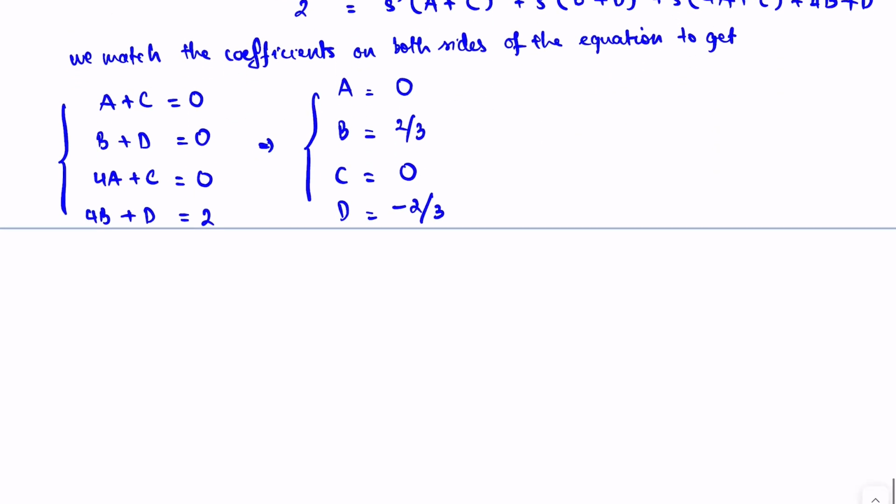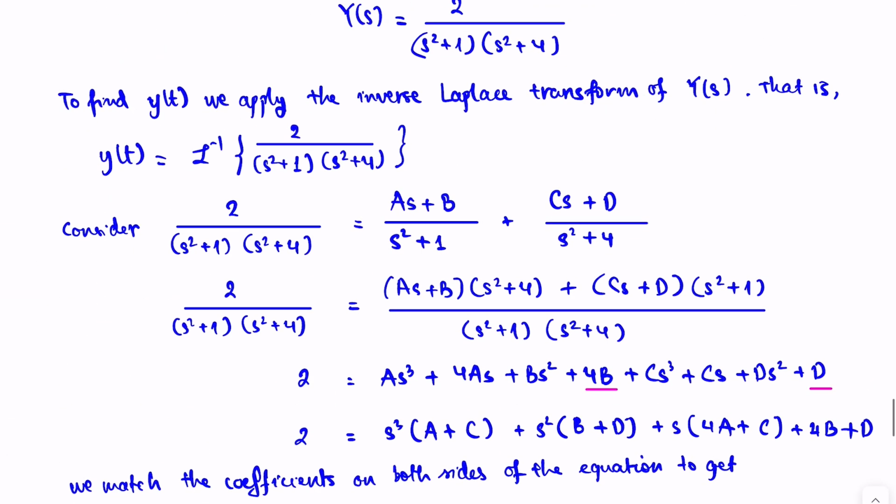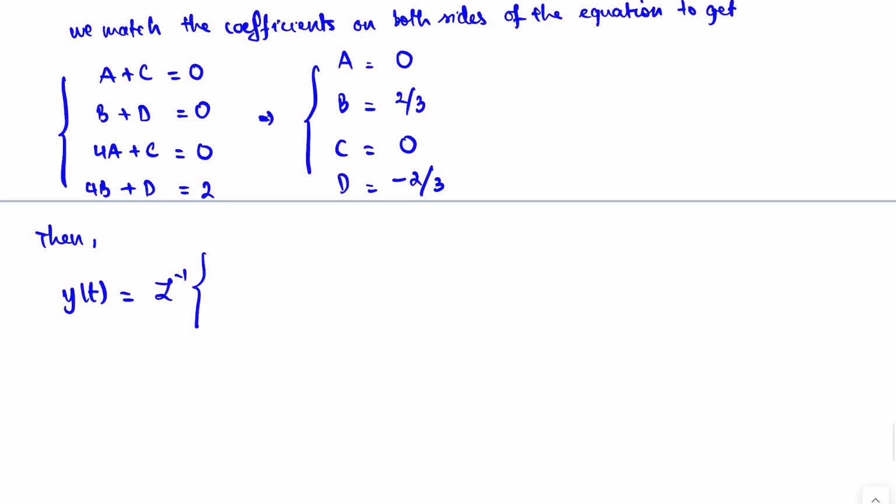Then the solution is y of t equal to the inverse Laplace transform of (as plus b) over (s squared plus 1), so 2/3 times 1 over (s squared plus 1), plus (cs plus d) over (s squared plus 4). C is equal to 0, d is equal to negative 2/3, so that's why you have minus 2/3 times 1 over (s squared plus 4).